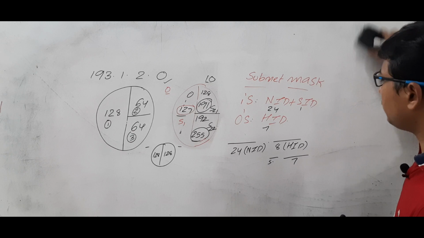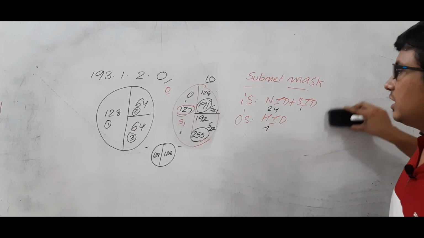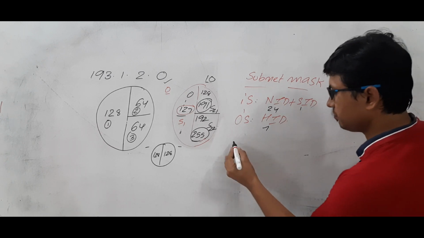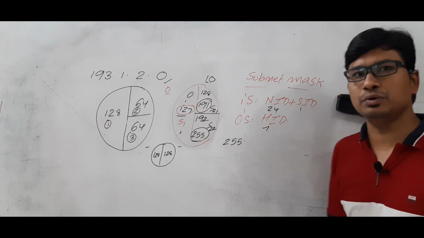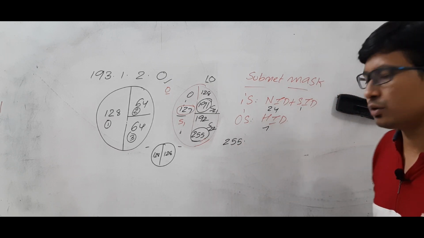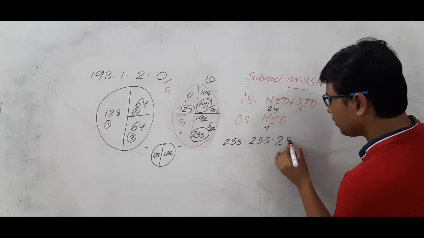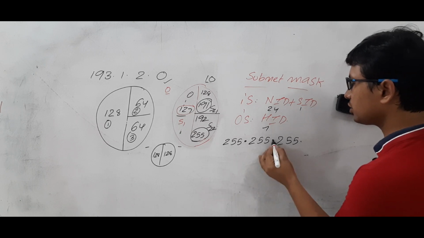If you keep ones in the network ID and the subnet ID, what will you get? First, keep 24 ones. If I keep 8 ones and convert into a decimal number, I will get 255. So 255.255.255.